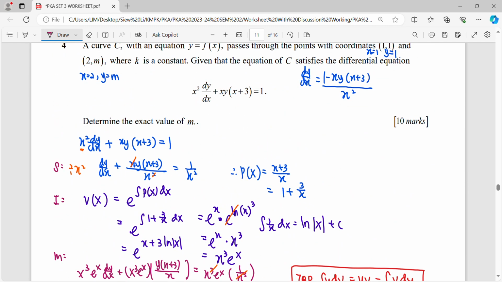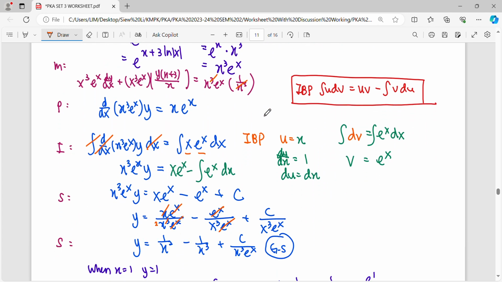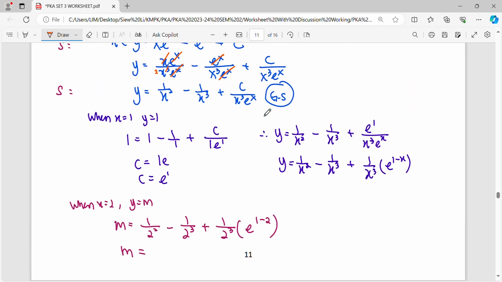So again, exact value means we can't accept decimals. Try to simplify until we have integers, or in terms of e.